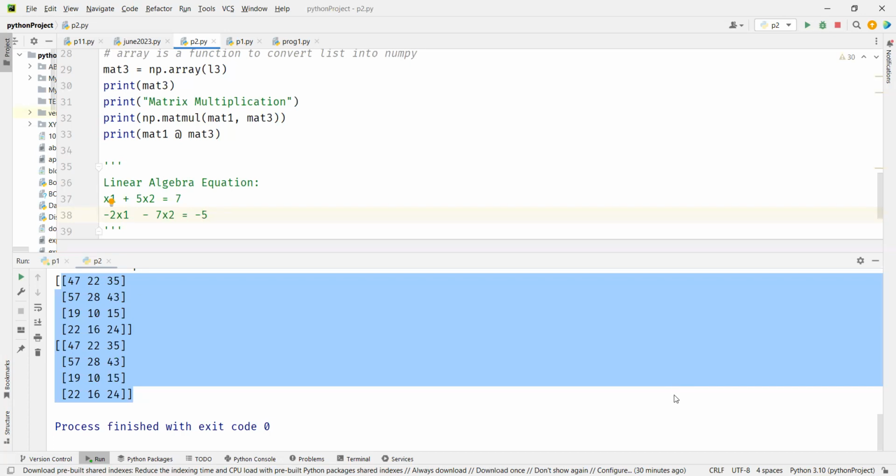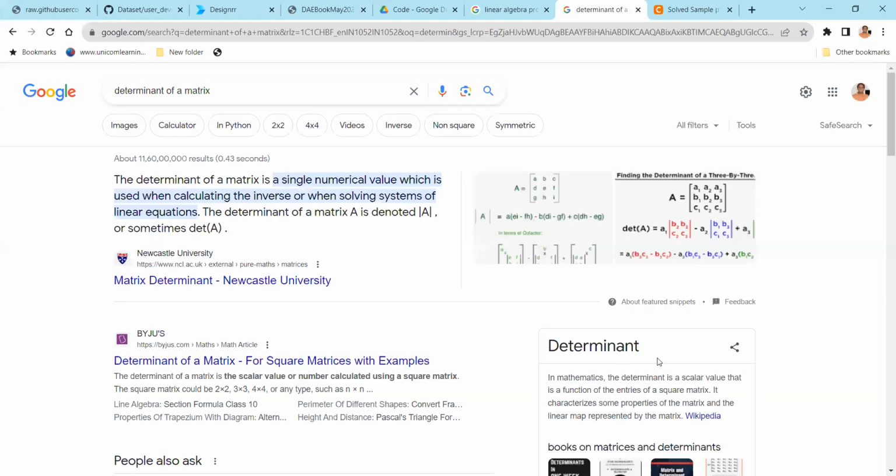The formula to calculate determinant is different based on the size of the matrix. For 1 by 1 it's easy, the number itself. 2 by 2 it is different. 3 by 3 it is different.